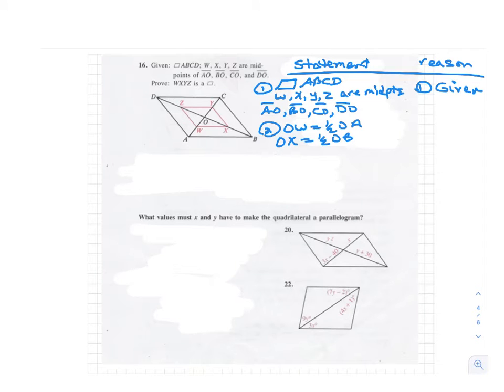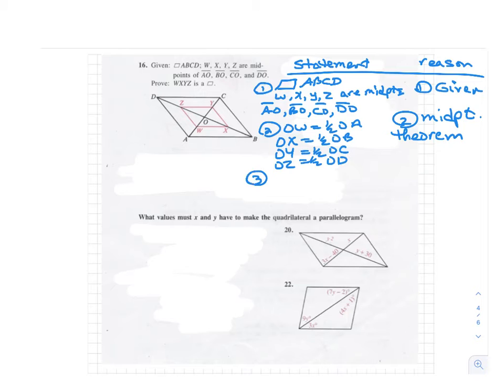The length of OY is going to be half of OC. And the length of OZ will be half of OD. And this reason is the midpoint theorem. Remember, whenever we saw that 1/2 in the statement, that gave us the clue that it was the theorem and not the definition.